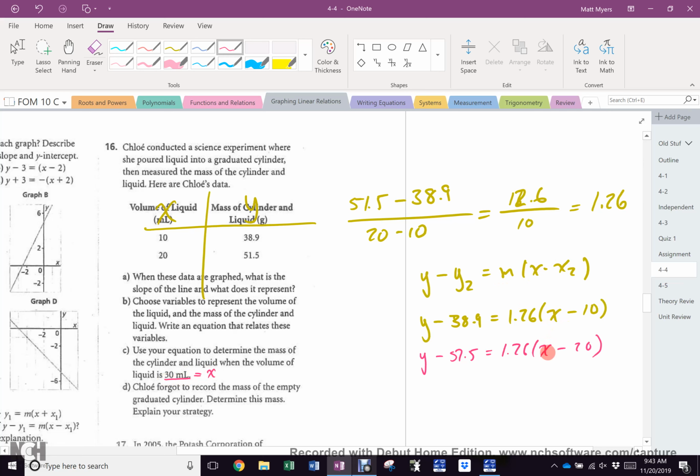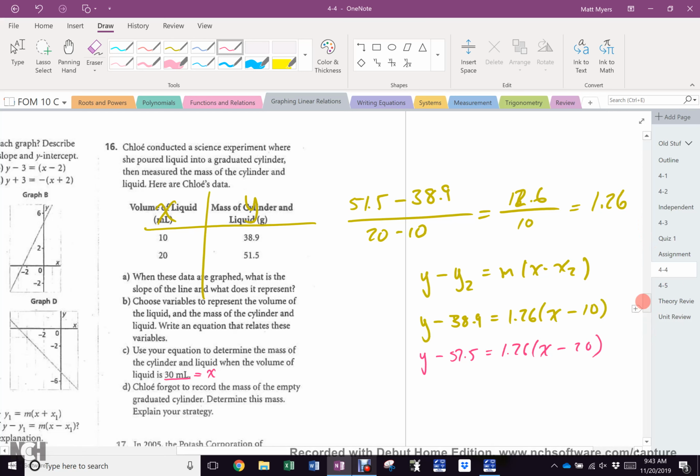An X. What can I write there? When I do that math, what will that give me? It will give me the Y value, won't it? That's how you do all of these questions. I'm not going to do the math because it's just plugging in. Setting up the question is what's hard, yes?